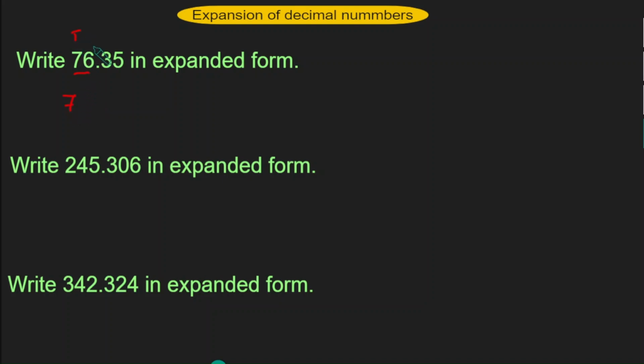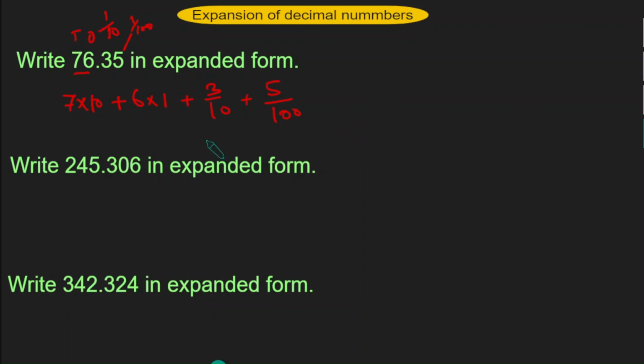This is your tens place digit, this is your ones place digit, this is your 1 by 10 place digit, and this is your 1 by 100 place digit. So it will be 10 times 7 plus 6 times 1 plus this 3 is 1 by 10 times 3, that is 3 by 10, and this 5 is 1 by 100 times 5, that will be written as 5 by 100. So this is the expanded form of writing this number.